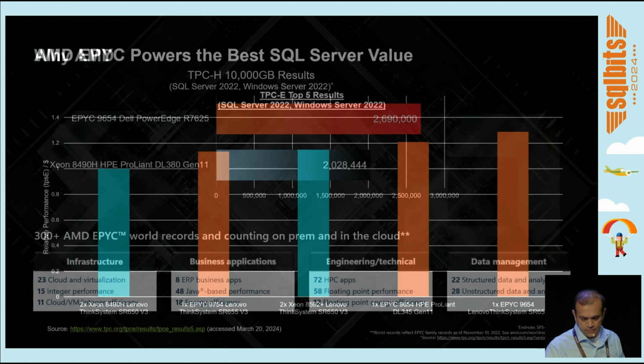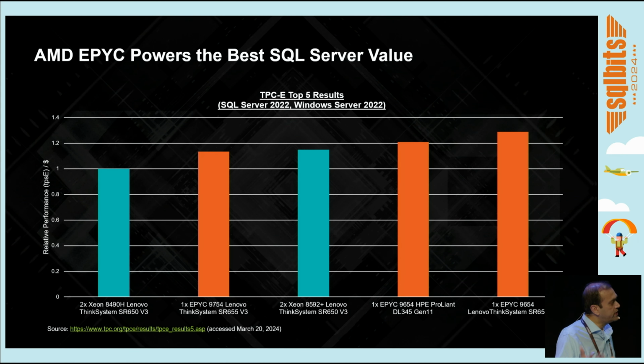And continuing on, the next one is TPC-E. I talked about a data warehousing kind of benchmark; this is more of an OLTP type benchmark where you can look at performance. We are particularly focusing on performance per dollar. And these are the top 5 results of AMD EPYC with SQL Server and Windows Server as well.